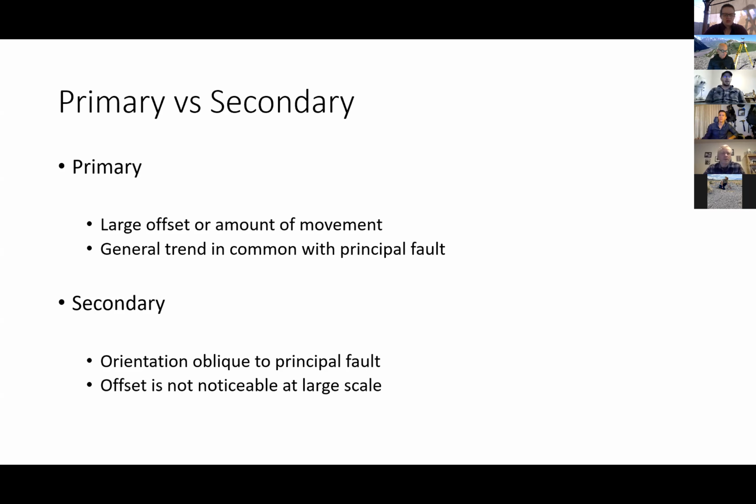My secondary structures were oblique to that principal fault, or they didn't really have too much offset, or it was really hard to see if there was offset. And that's not always necessarily the case. There were some that were oblique to the fault, which I do believe were primary faults also.